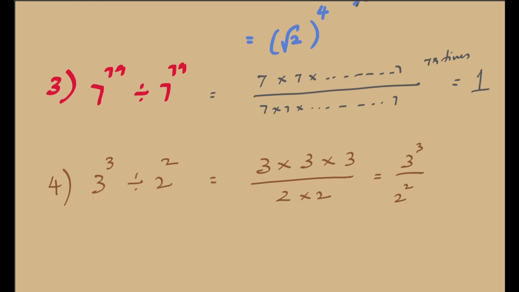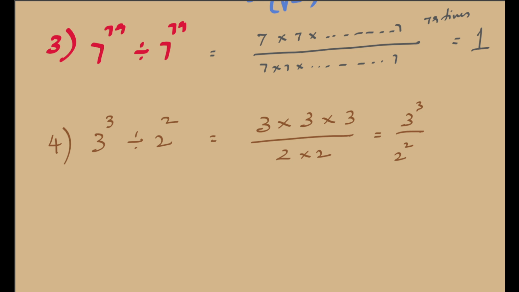So let's have one more, the last example. This is the fifth example: 5 divided by 5 to the power 4. I think you would have noticed the difference between the earlier ones and this one, but let's just do it. You have in the numerator a standalone 5.